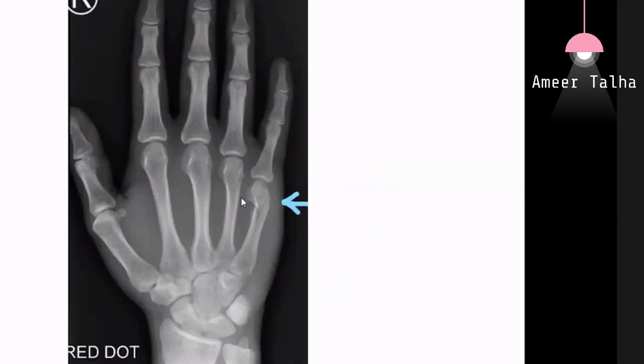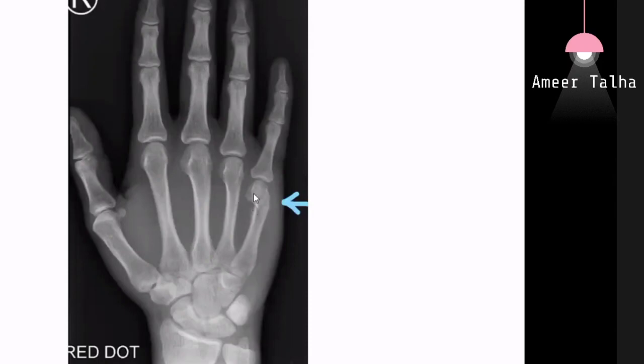Now here, what can you identify among these four metacarpal bones? Anyone? Fifth metacarpal, the distal part. There is a fracture of this area of the fifth metacarpal bone, and it can involve the fourth metacarpal as well.